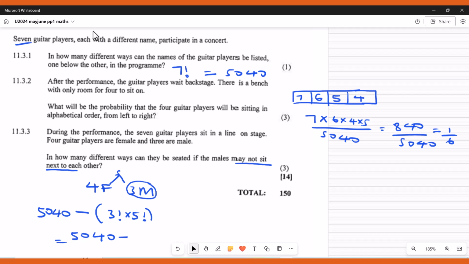It gives us 720. So minus 720. Our final answer is 5040 minus 720, which gives us 4320. These are the ways whereby the males will not sit next to each other.